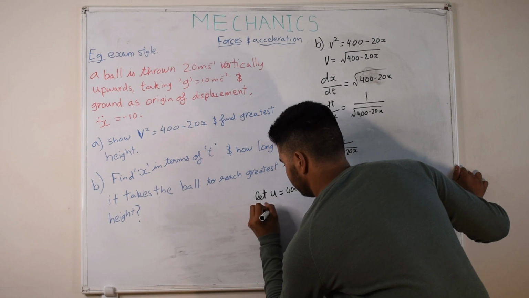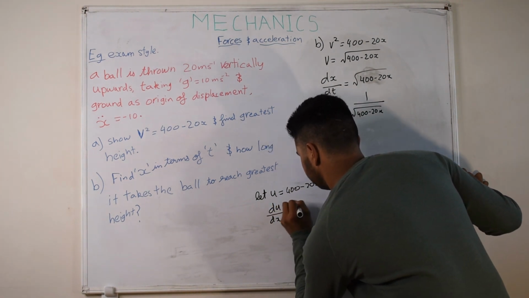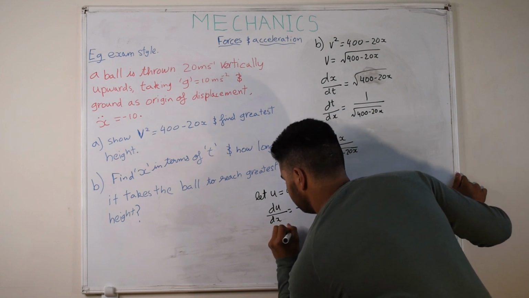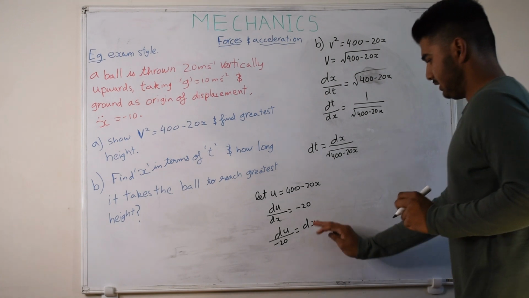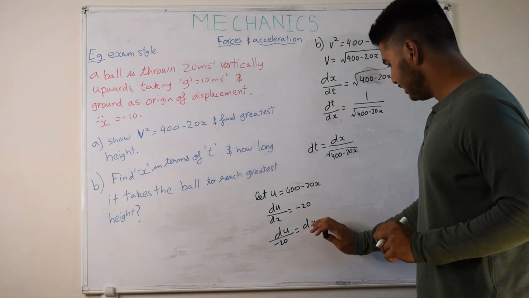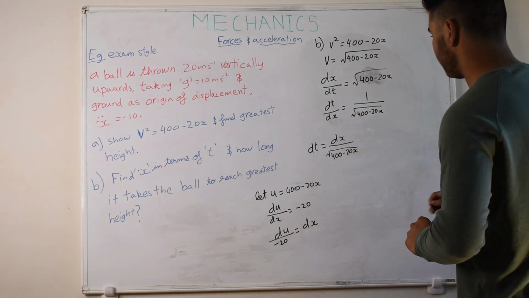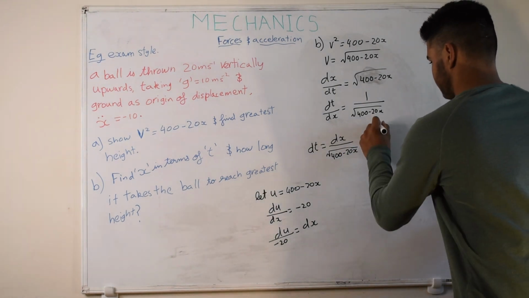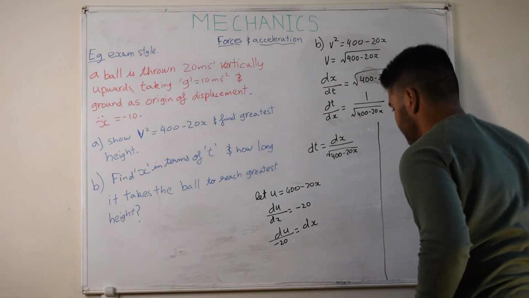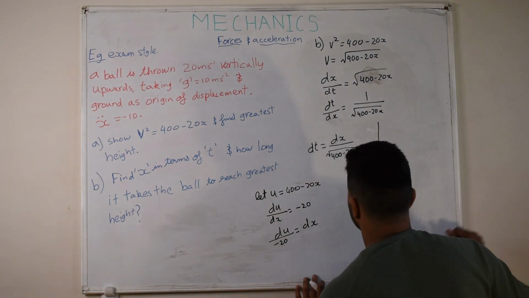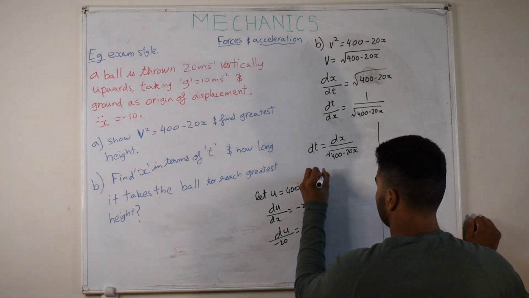Take the first derivative, du/dx equals negative 20. du upon negative 20 equals dx in this case. So let's sub in dx for this and u over here.